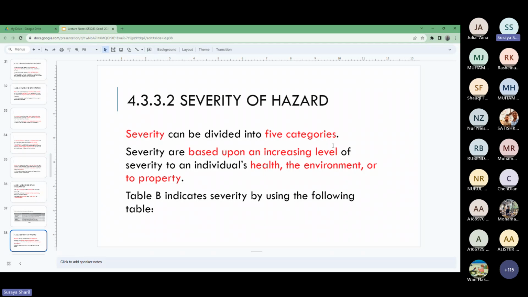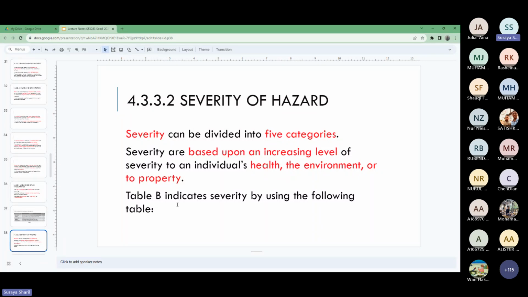Next is severity. Previously, we discussed likelihood. The next one is severity. The severity can be divided into 5 categories. Severity is based upon an increasing level of severity to an individual's health, the environment, or the property.